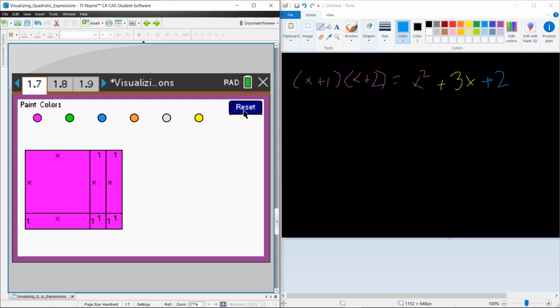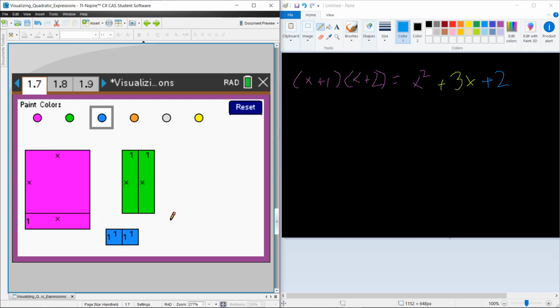But perhaps you did a little bit different one. In fact, maybe you played with just having the two x's pulled off to the side, and these two units pulled off. And so you have x plus 1 times x plus 2x plus 2.